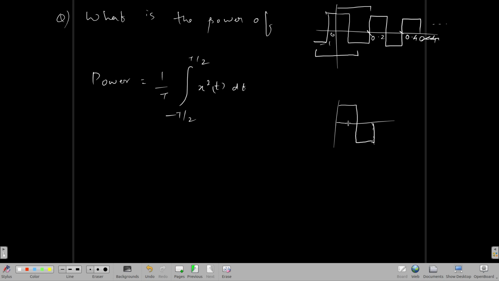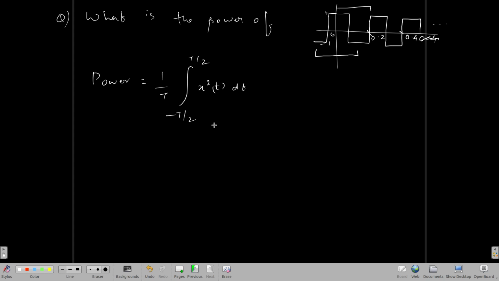Squaring it means that for every value of time I am squaring it, and then I am finding the total area. Okay, so let's see how we can do this here.